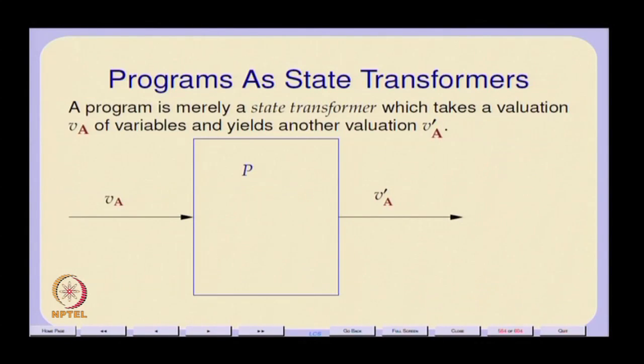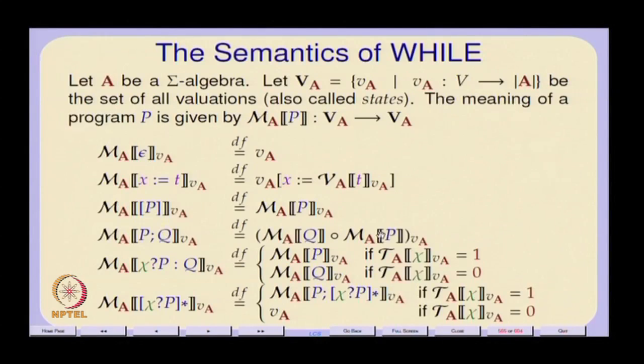Basically the semantics of any programming language is usually treated as the program being a sort of state transformer, which in our case, in the context of first order logic, works out to valuations under some model. For the purpose of verification, what we are essentially looking at is the first order theory of that model.